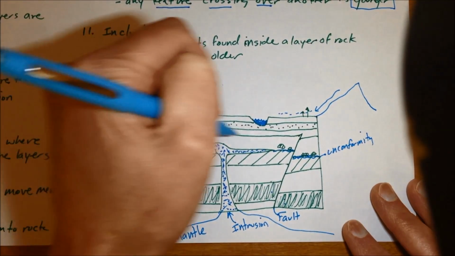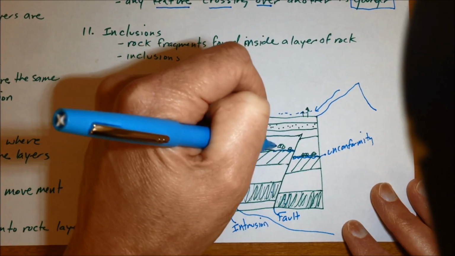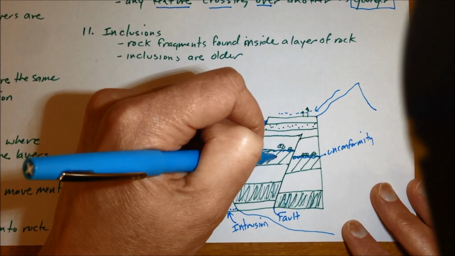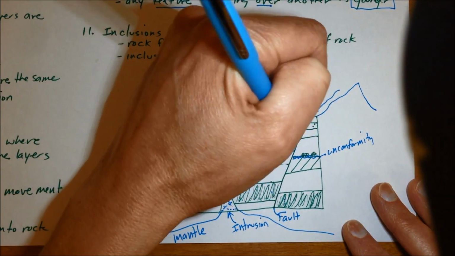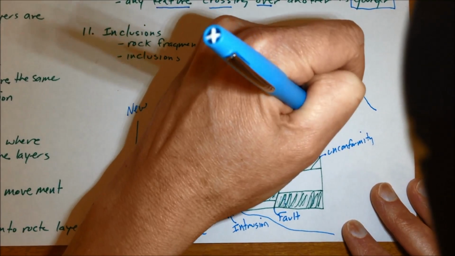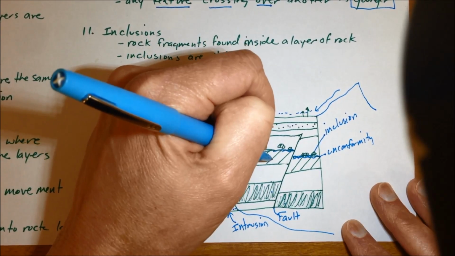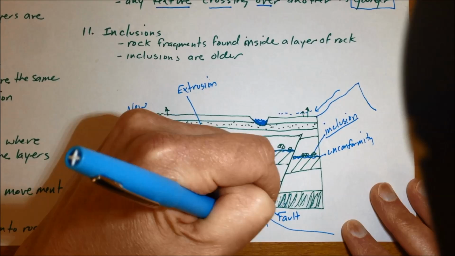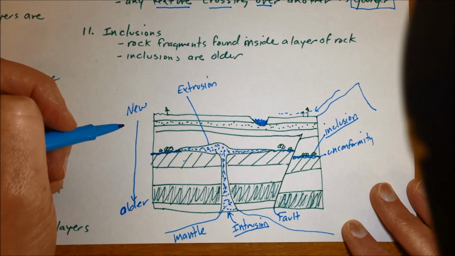But then, say another ocean came in and this clear area of sediment was laid down, it filled in around these little chunks, so that now these chunks from this layer here have actually been trapped in the layer above it. Those would be called inclusions, because they're included in one layer, but they actually came from another layer. Make sure you don't confuse the word inclusion with intrusion. They sound very similar, but they're definitely different.